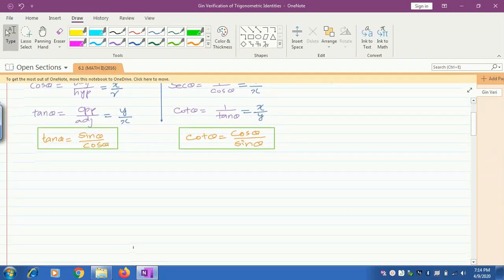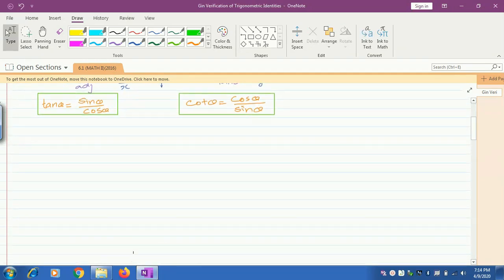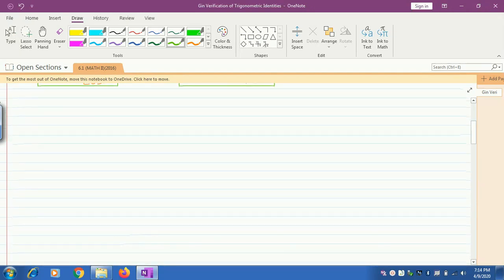Now we are going to take some very important identities. First of all, for sine theta or x, any variable: sine square x plus cosine square x is equal to 1. So this is one identity.